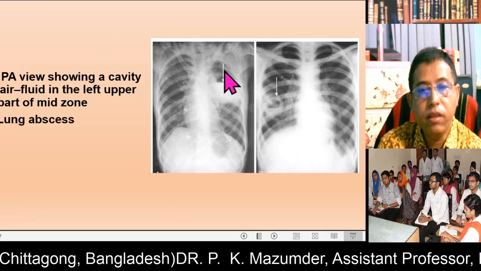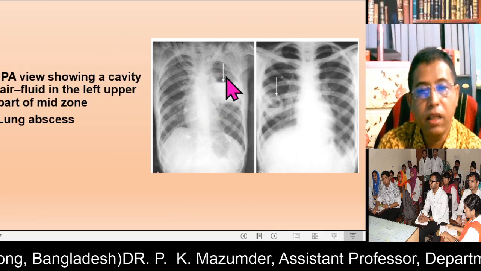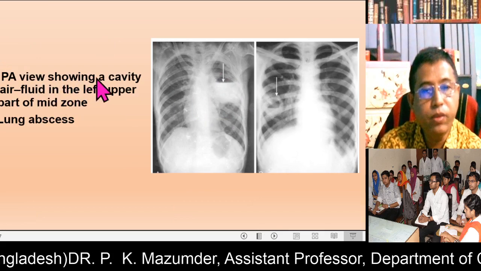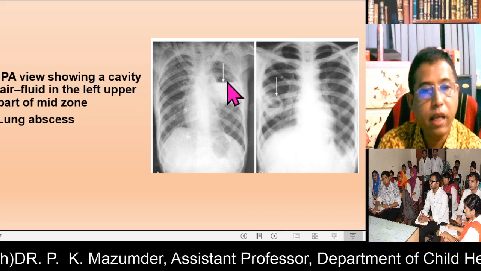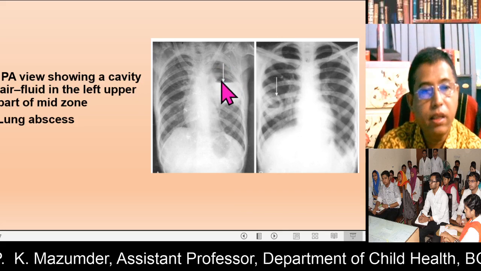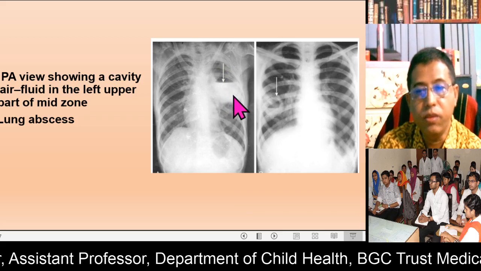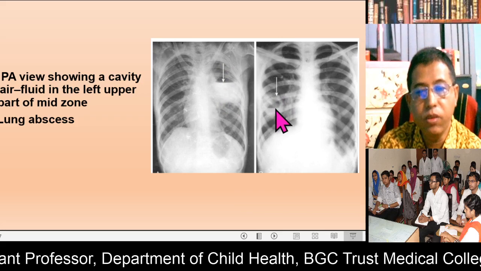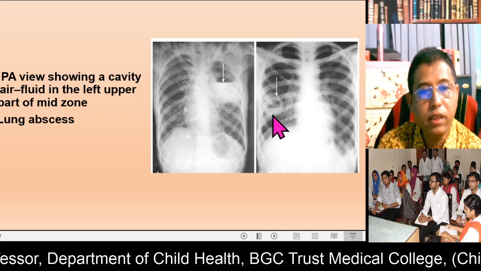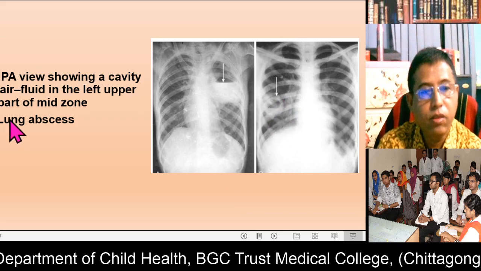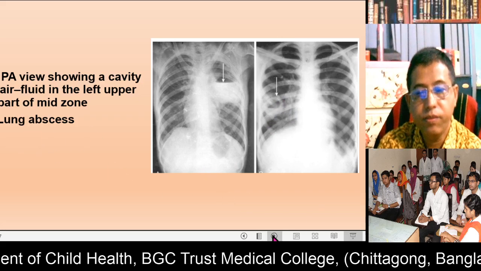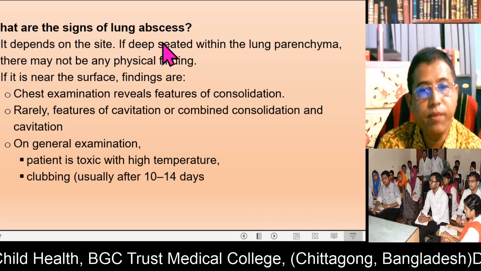This is the X-ray of a lung abscess. The view shows a cavity with an air-fluid level in the left upper and part of the middle zone. Diagnosis: lung abscess. What are the signs of lung abscess?